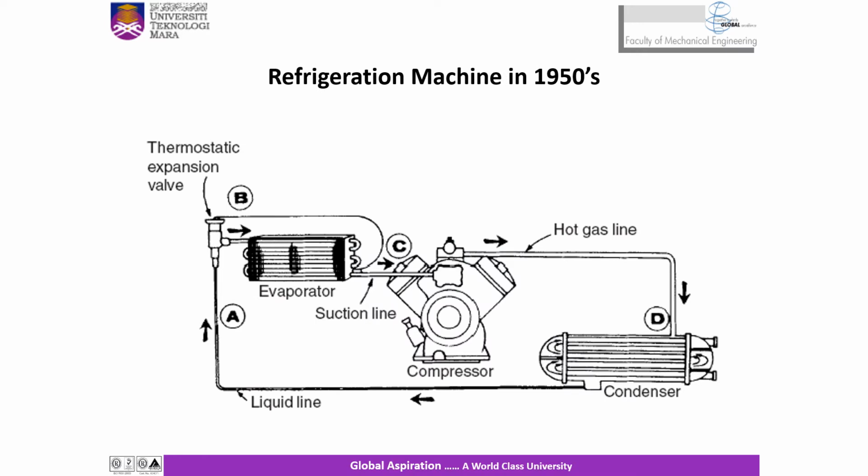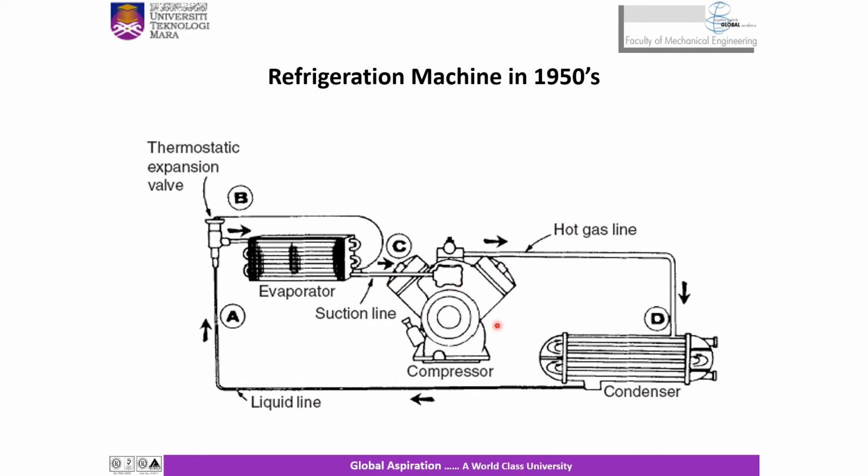Then in the 1950s, we managed to shrink the compressor, but it was still a very big, bulky compressor. Again, this was run either by a steam engine, or by that time we would have got electricity, and this was run by electrical motors.